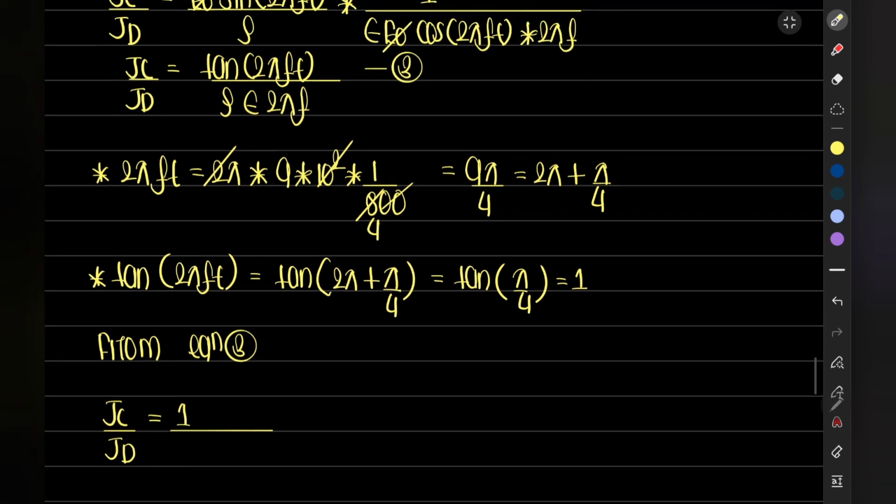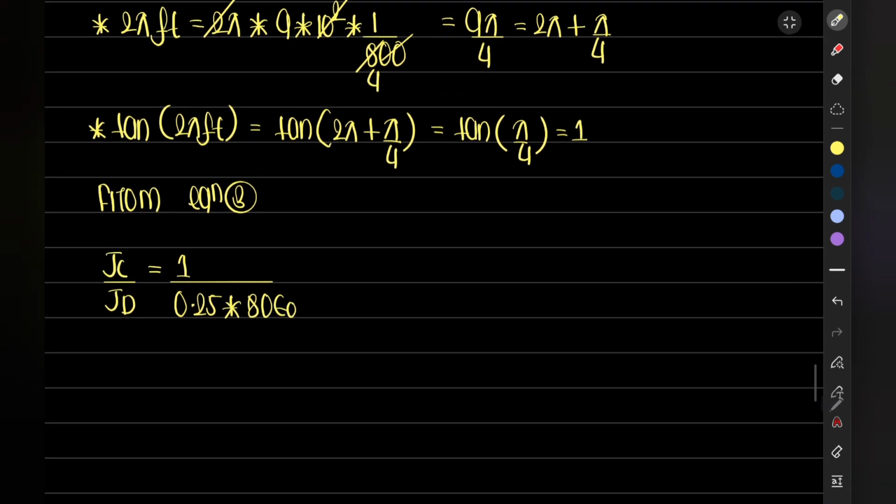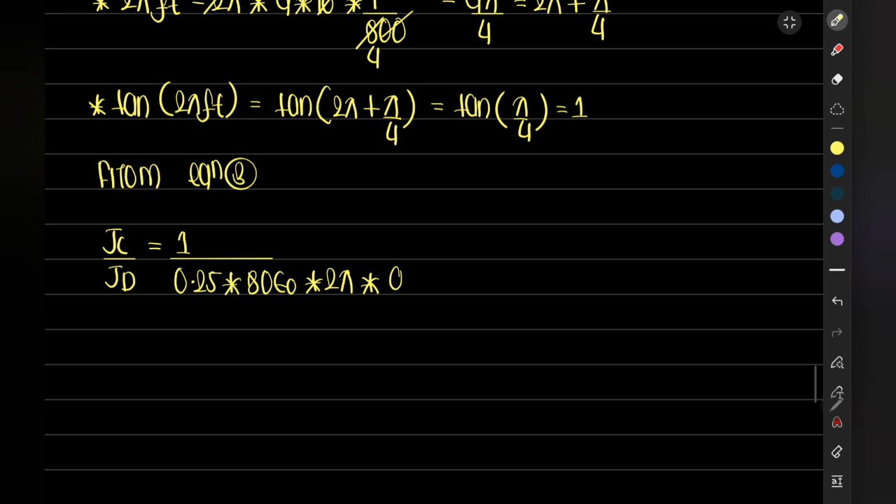Now what is the value of rho? The value of rho is 0.25, as given. The value of epsilon is 80 into epsilon naught, as given. 2 pi f we want to find, 2 pi as it is, and the value of frequency is 9 into 10 to the power 2, which we have used earlier. These are the values we are going to need.